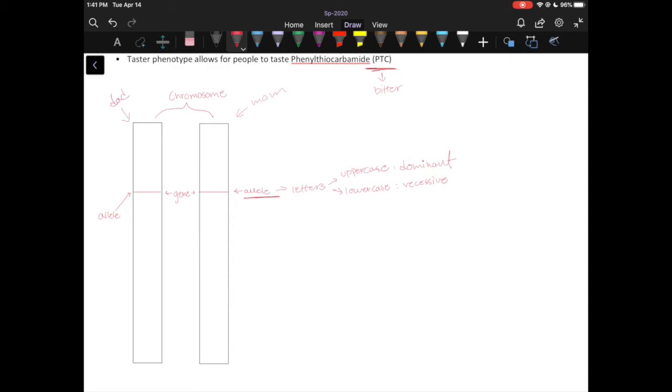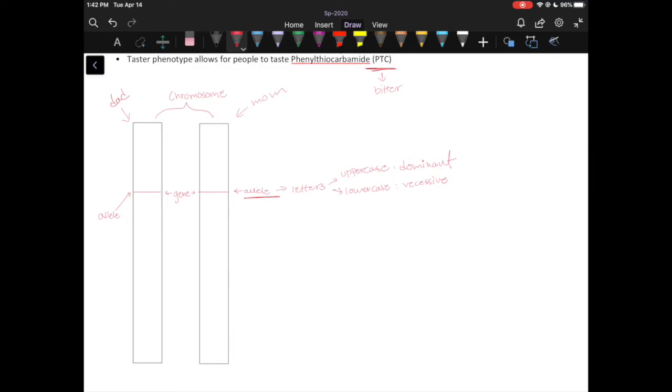And basically the combination of our alleles will determine our phenotype. So the combination of the alleles is the genotype, and then our phenotype is going to be expressed by that.